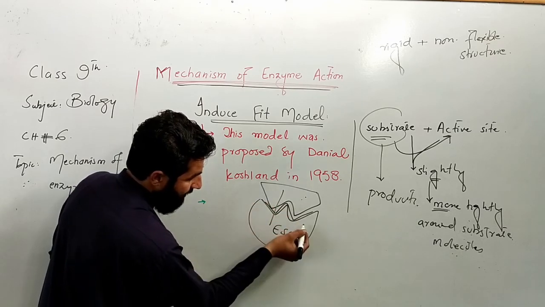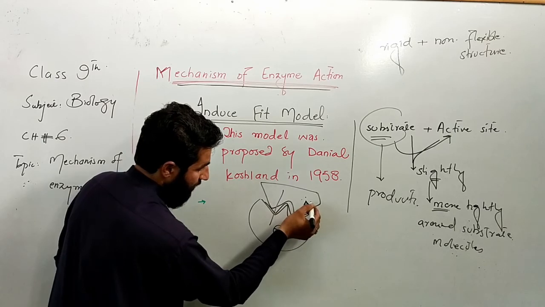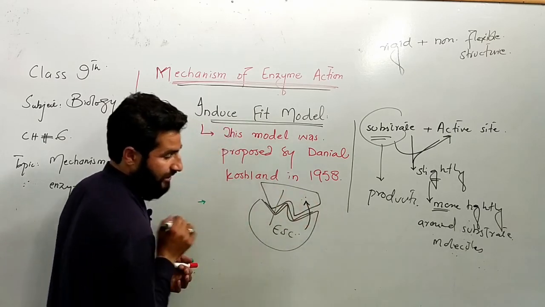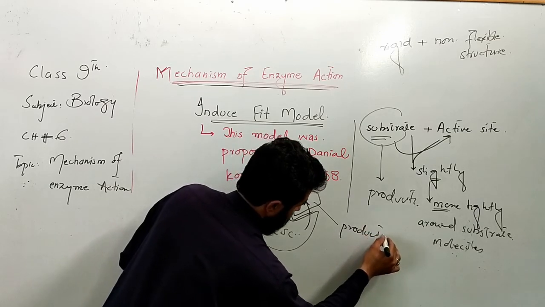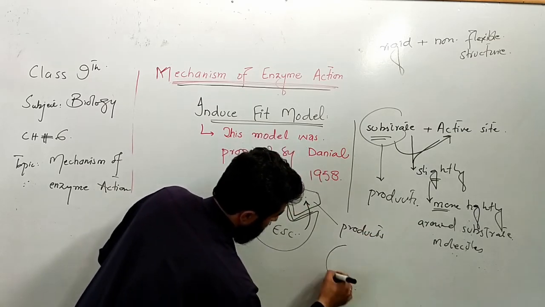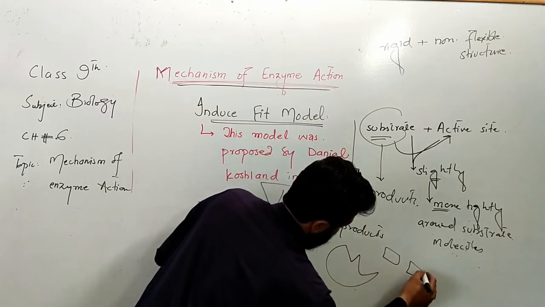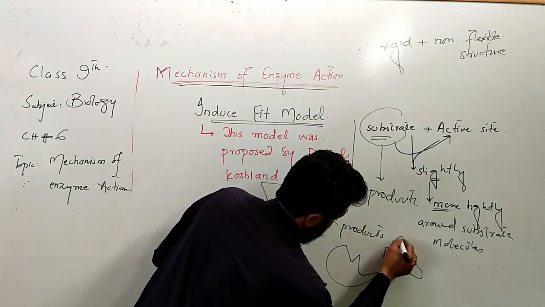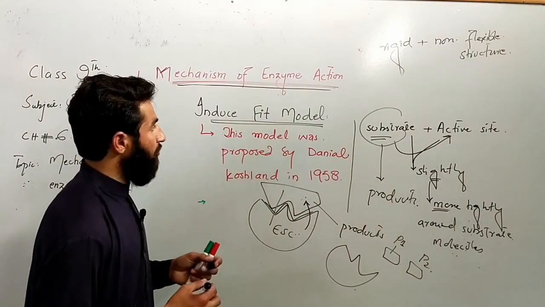After that, the enzyme molecule fits more tightly around the substrate molecule and changes it into products. Suppose this is the enzyme, and these are the products, product 1 and product 2. This was all about the induced fit model.